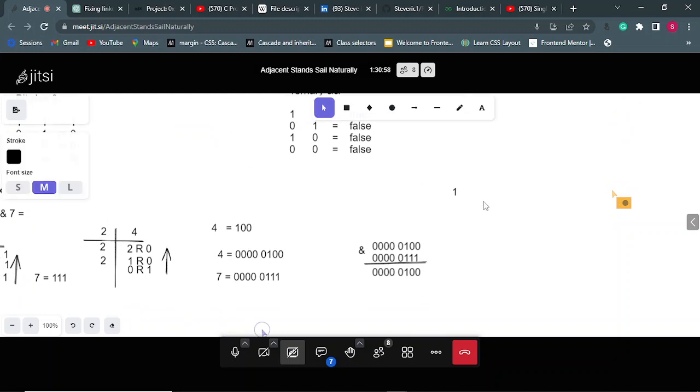Imagine 1 1 1 1, positions 1 2 3 4 5 6 7 8. Remember then, if they ask us to convert this to base 10.